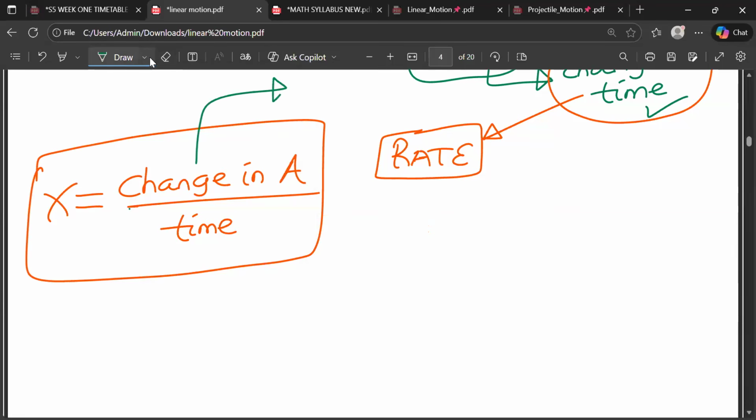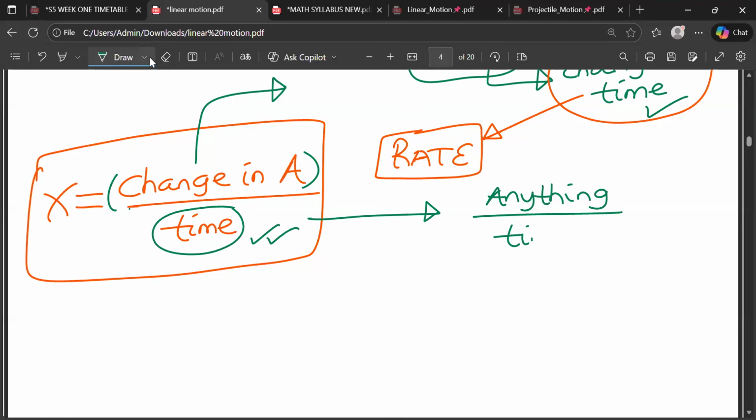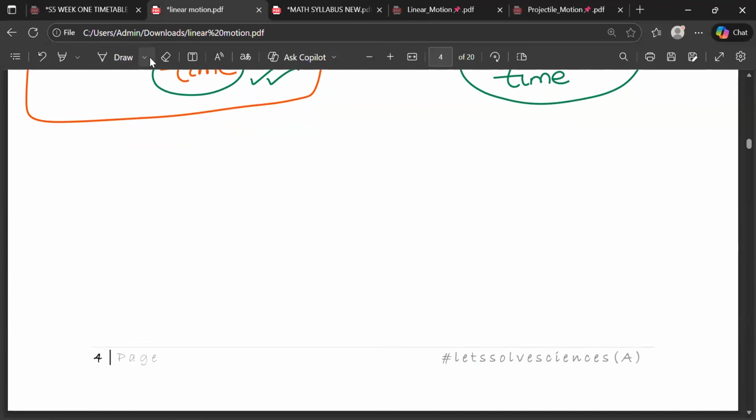I even taught you this in differentiation. Every time you have anything over time, it is the same as the rate of that thing happening. Distance over time is the rate of that distance changing. Period.